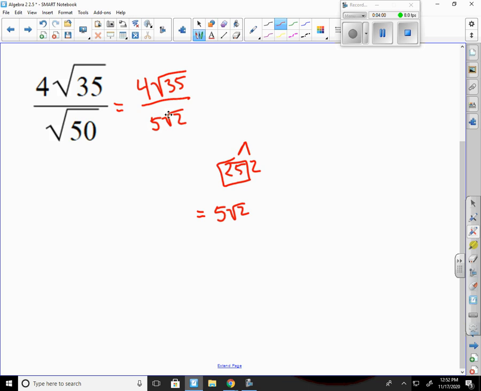Now we still have a square root in the bottom, and we're not allowed to have that. So in order to fix that, we multiply both the bottom and the top by the square root of 2.